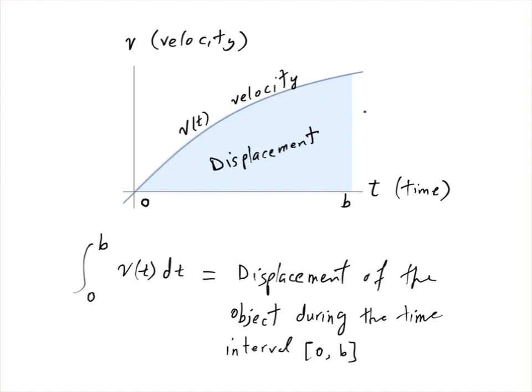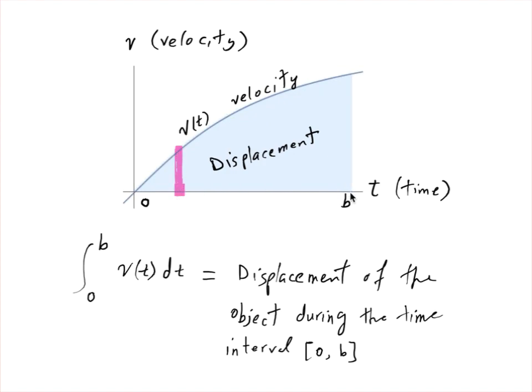So we know that the distance traveled is time times velocity, right? Because velocity is distance divided by time. So on every tiny interval of time, the object is moving by this area, this tiny area.